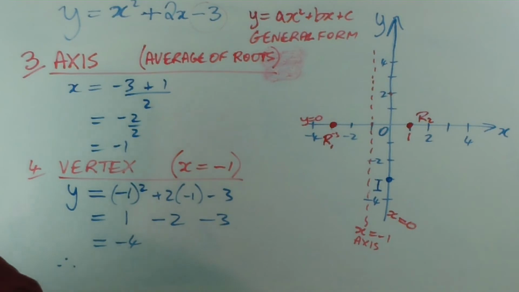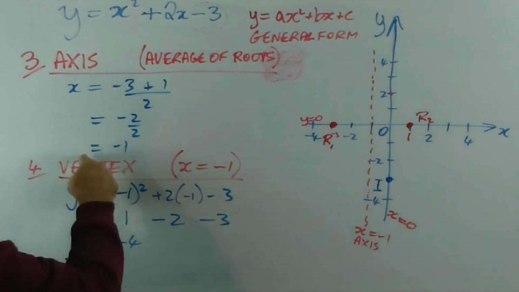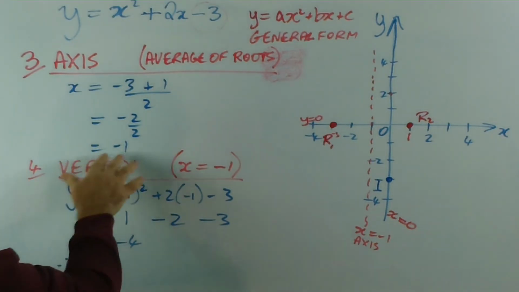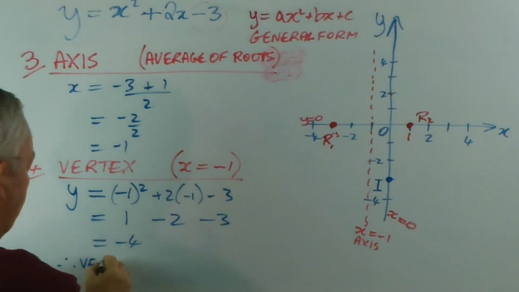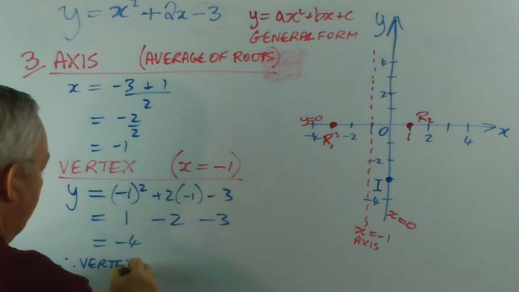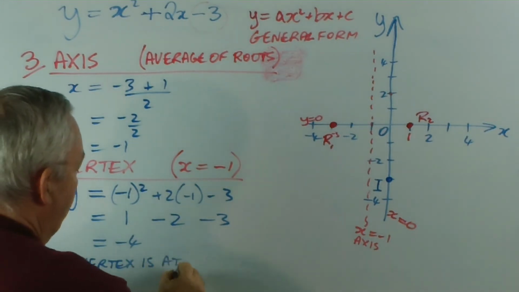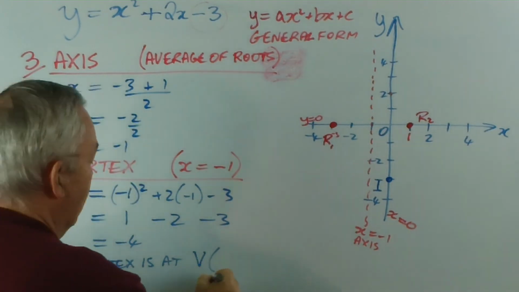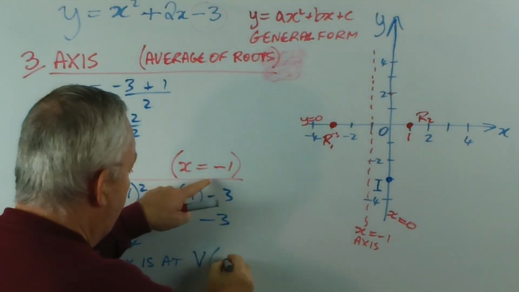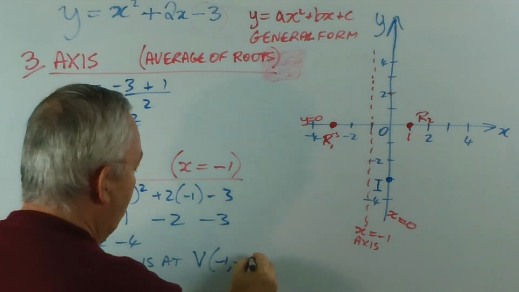Therefore, I suppose we could have written therefore axis is as a summary there, but we're going to write therefore the vertex is at, and I like to give it the letter V for obvious reasons, V for vertex. The x value is -1 and the y value is -4.